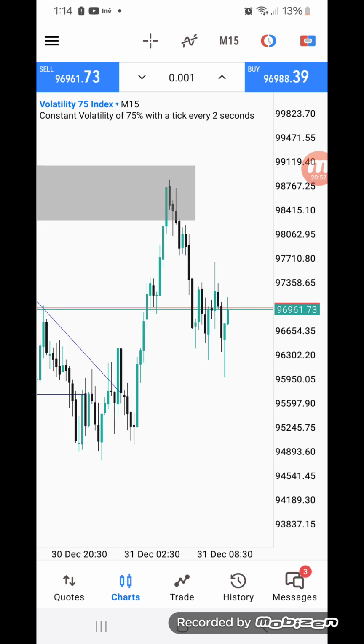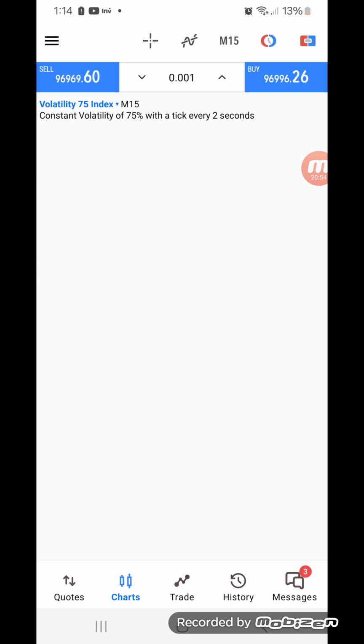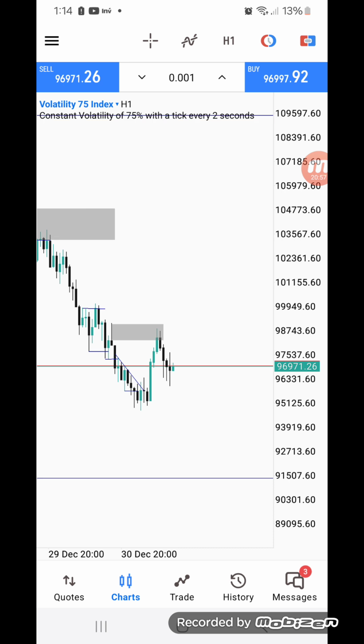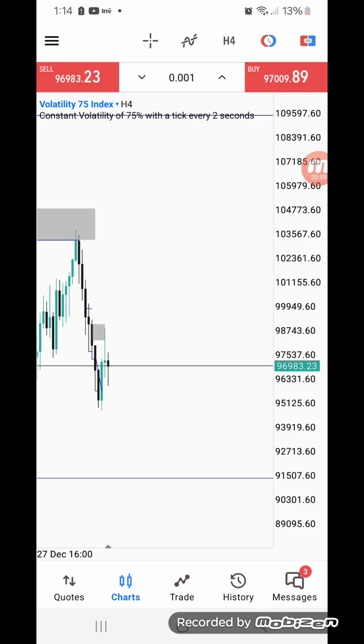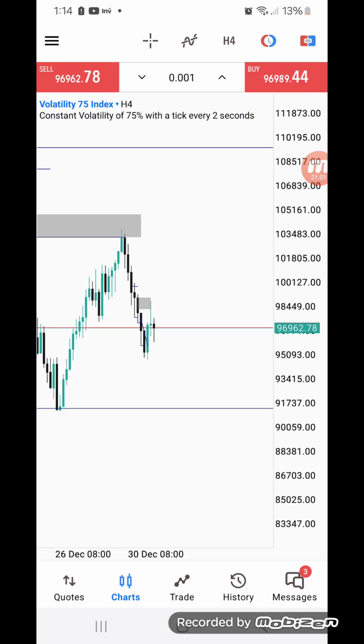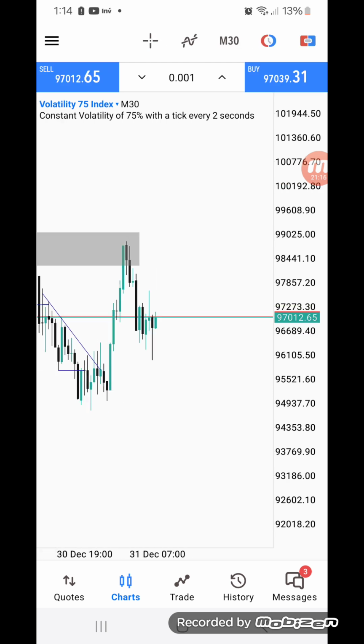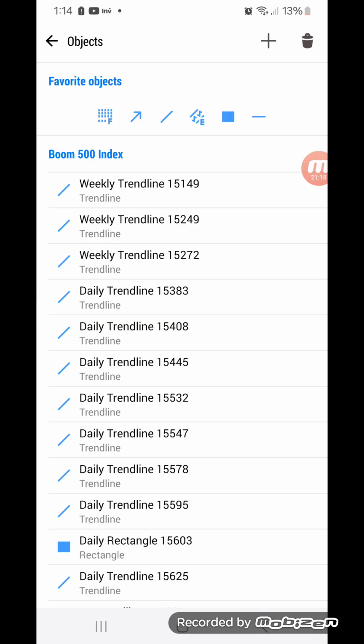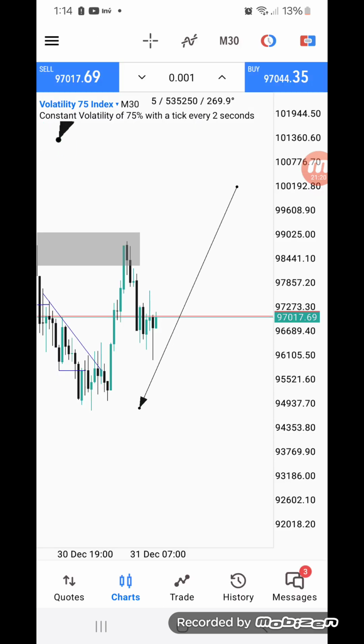sell side liquidity, and the sell side liquidity that we are targeting is on the higher time frame, which is the 4-hour time frame. This is our major sell side liquidity, and the internal sell side liquidity we can spot at a lower time frame, on the 30-minute time frame.